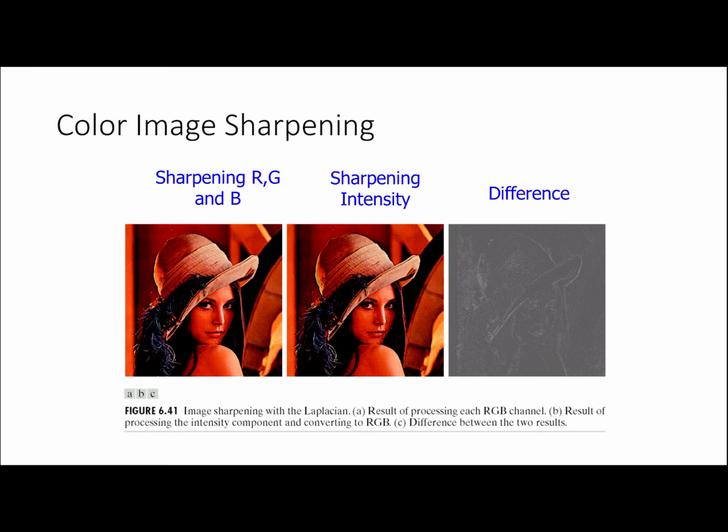Now if I do the same operation in the HSI color plane, where we modify only the intensity component, keeping the hue and saturation components unchanged, the results that we obtain are different from the results obtained by applying the sharpening operation on all three R, G and B components separately. So with this we finish our discussion on color image processing.